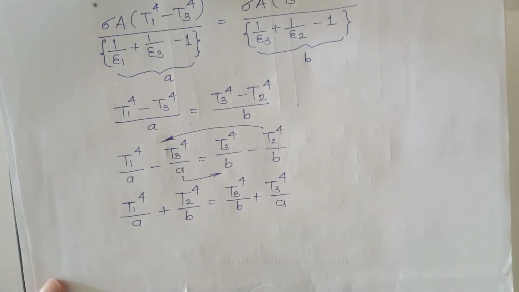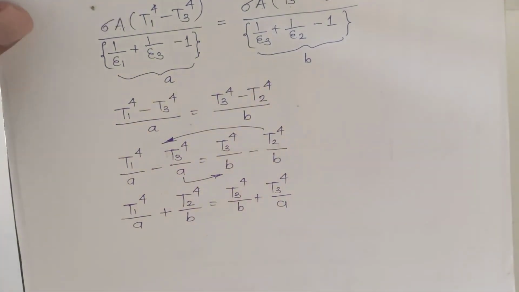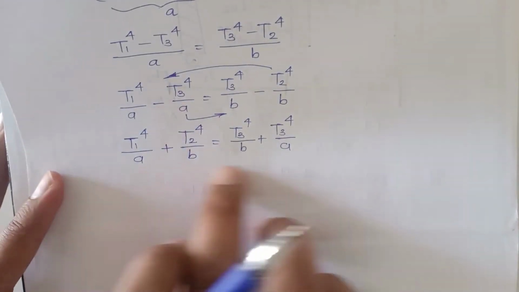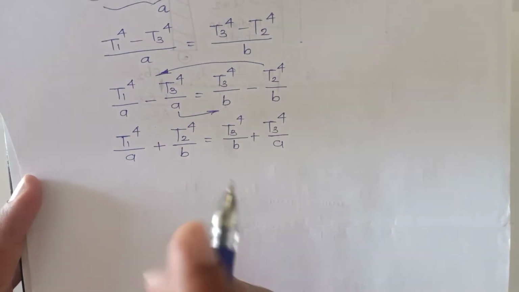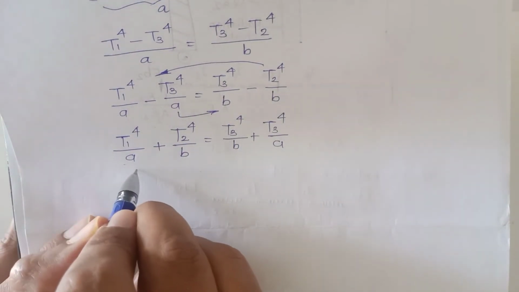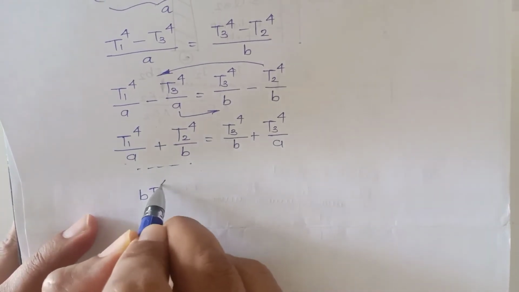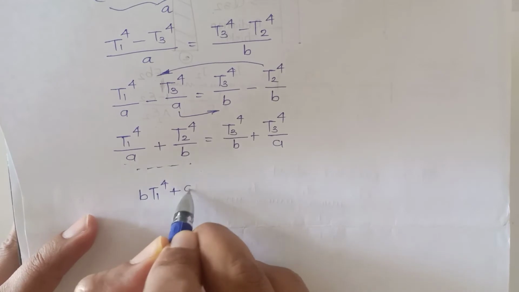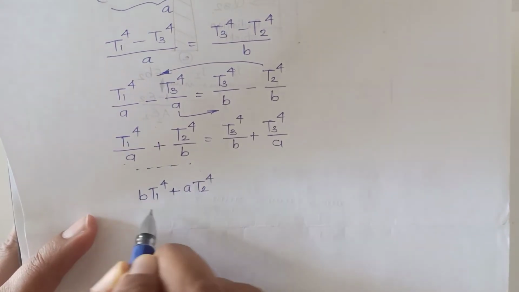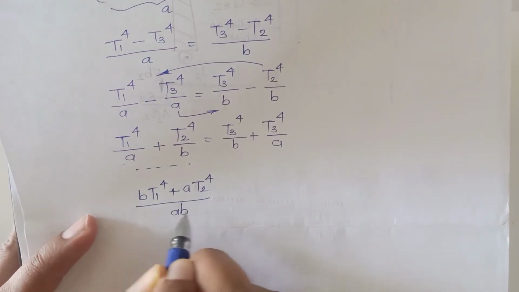That's it. Okay, now we can find out the LCM for all the terms. So for this side, we have b into T1 raised to 4 plus a into T2 raised to 4 divided by a b.